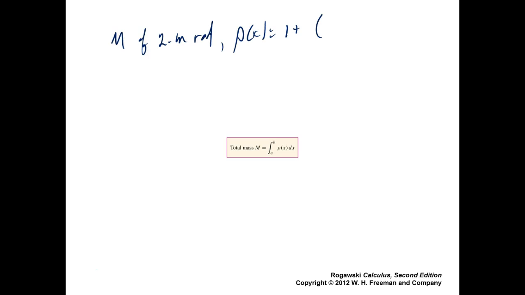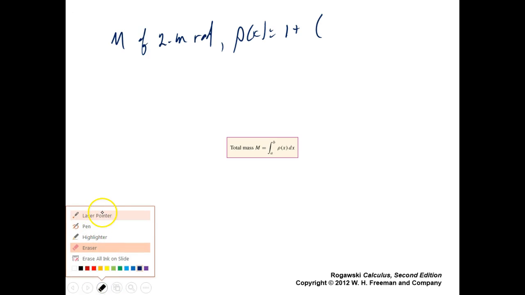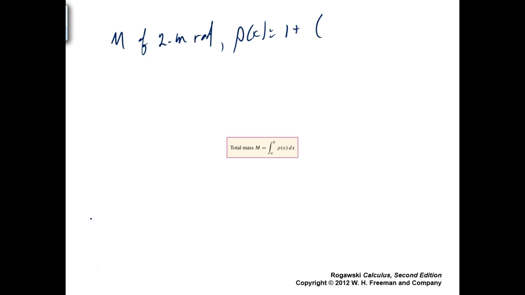It's a linear mass density. And this is 1 plus x, times 2 minus x.